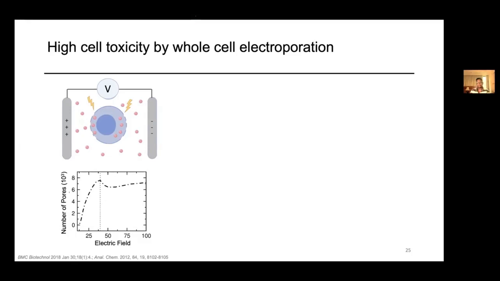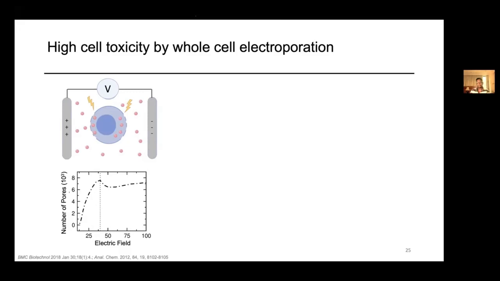The bottom right plot is a calculation that predicts the number of pores formed on the cells by typical electroporation, and the dashed line shows the typical electric field normally used to porate the cell. As shown in the plot, if we use the typical field to porate the cell membrane, about 7,000 pores form on the entire cell membrane, and this can definitely be lethal to a cell.